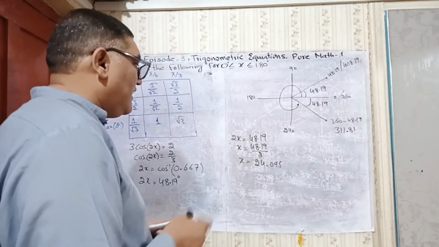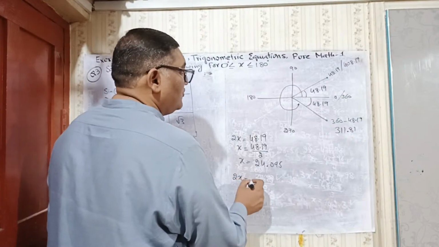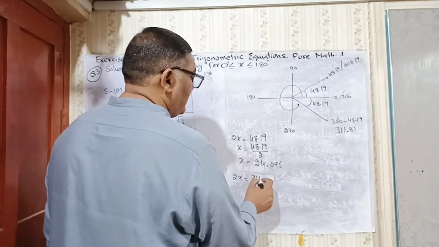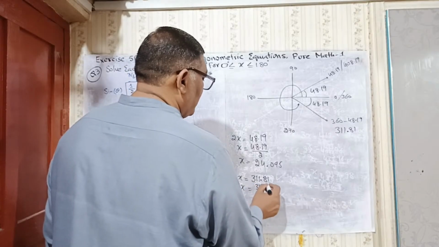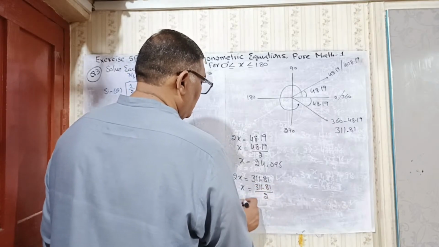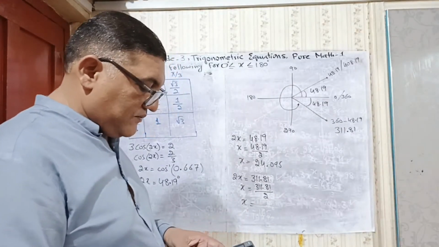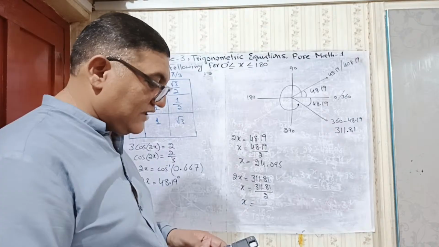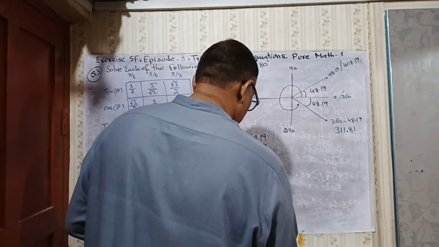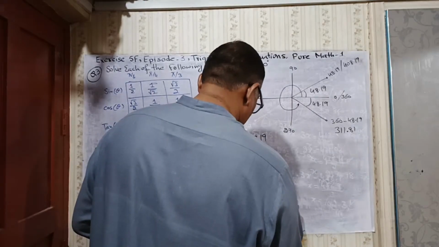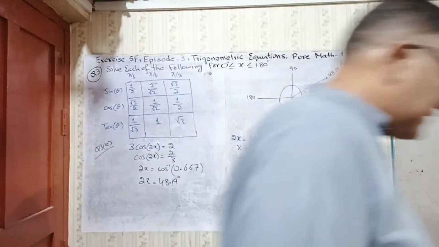And then we have 2x equal to 311.81, so x will be 311.81 divided by 2, and that is 155.91. So let's check the answer.